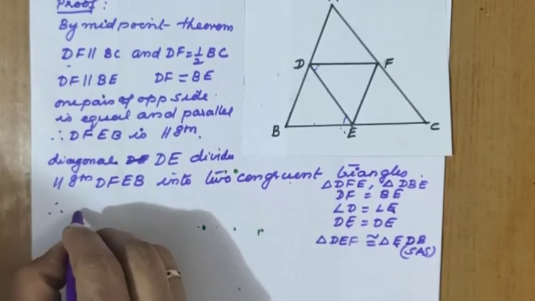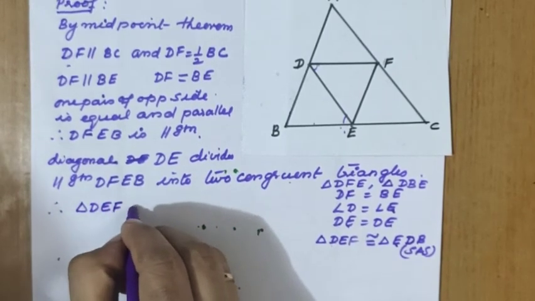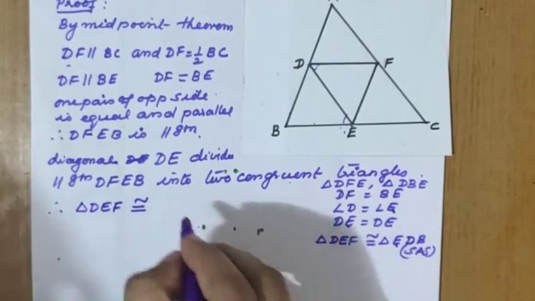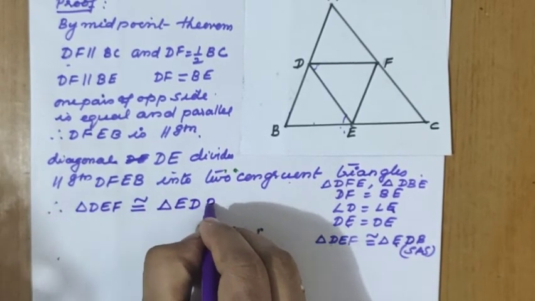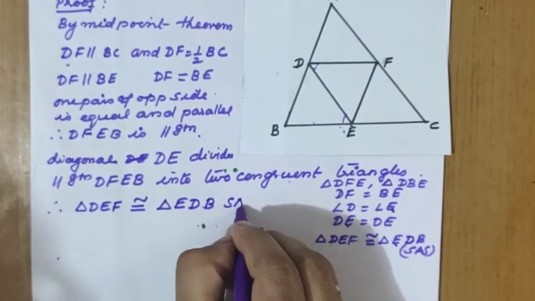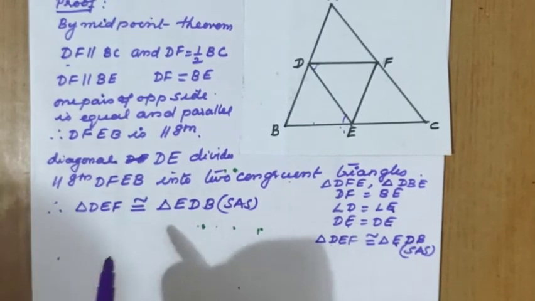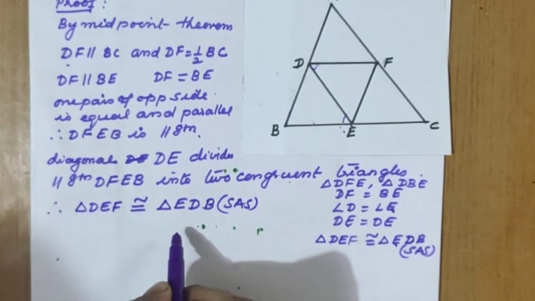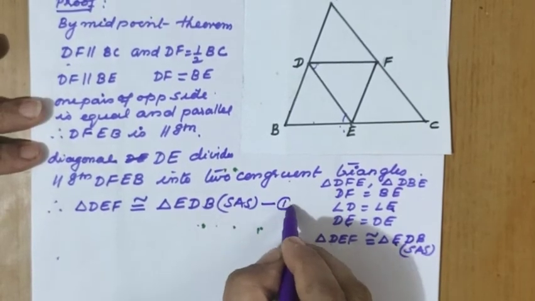Therefore, what I can write? Triangle DEF is congruent to, what is the order we got here? EDB. SAS criteria we can write, or ASA we can write, whatever is correct, that you should write correctly. So triangle DEF congruent to triangle EDB. So equation number 1.